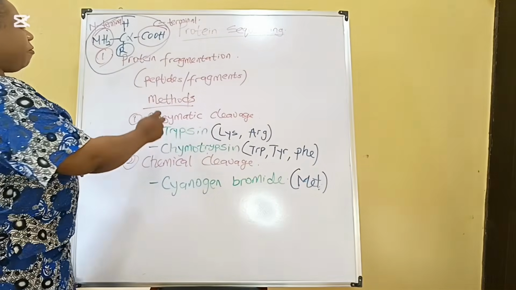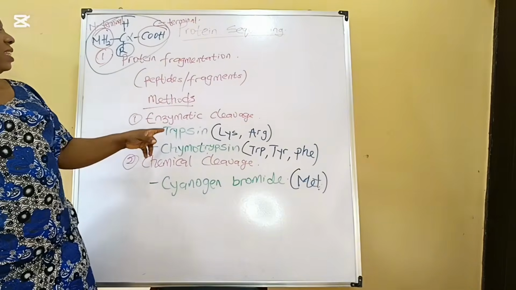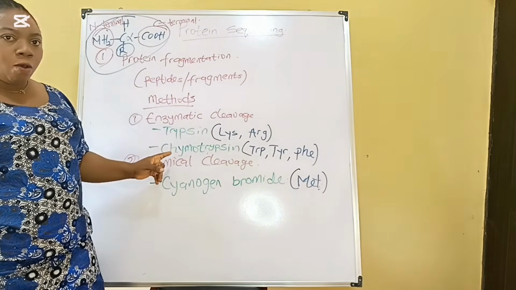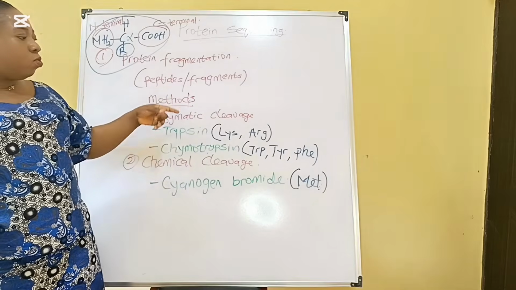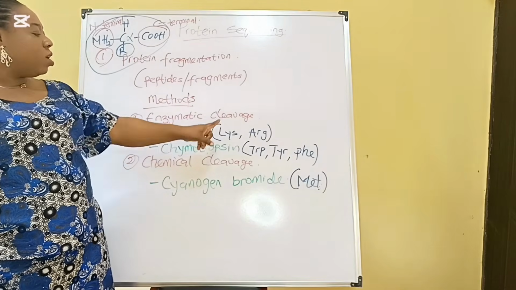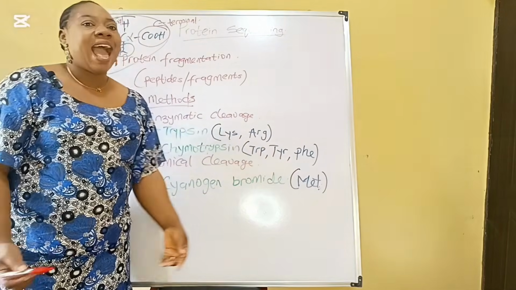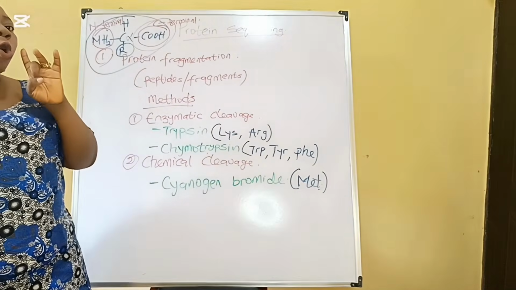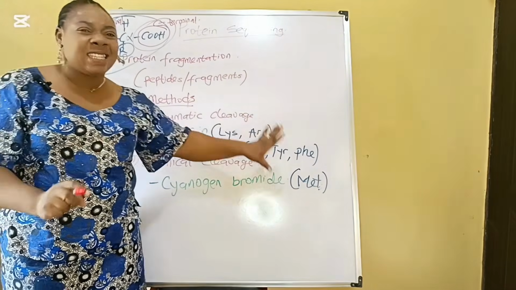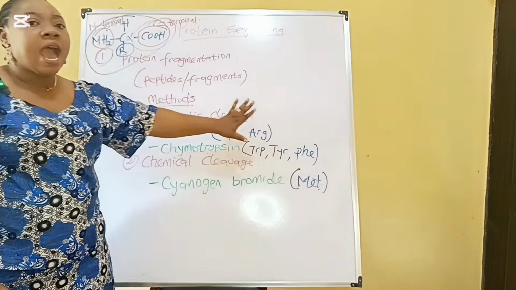So if these enzymes and this chemical will perform their work, they will cleave at the C terminal only. Cleavage will only occur at the C terminal of these amino acids.